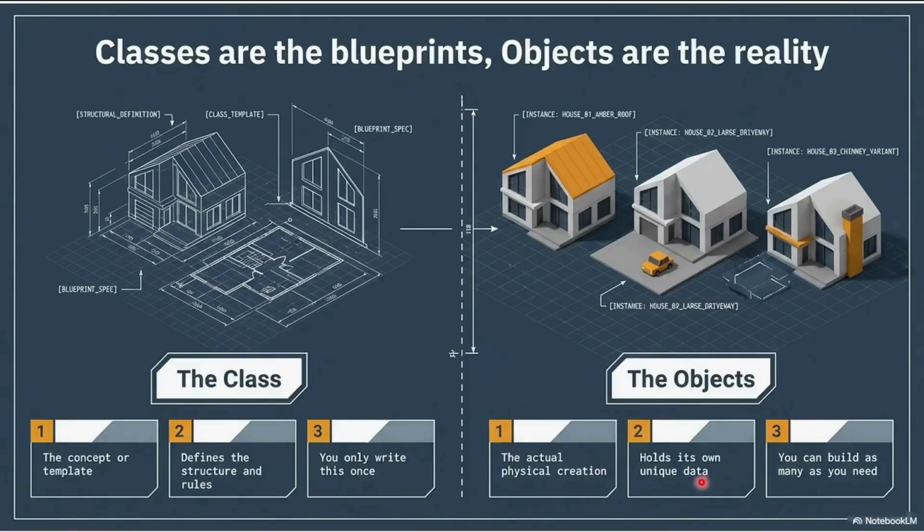Each holds its own unique data, and you can build as many as you need, as I told you. So this is the perfect picture example for understanding the difference between classes and objects. Now when we implement classes, we will be creating objects. You might get confused again when we start coding, but do not worry, I will make you understand it.